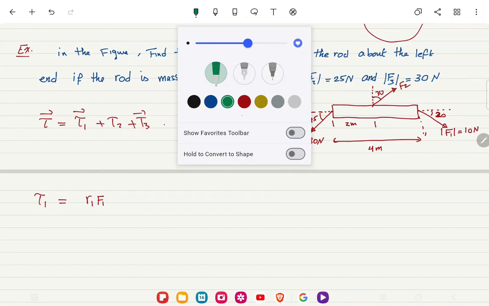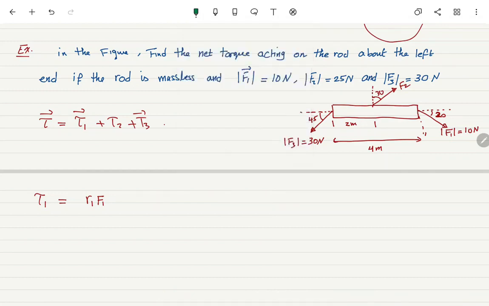So the only component that produces torque in this case is F1 sine theta, which in this case is 20 degrees. Now torque 1 equals R1 F1 sine 20, and remember R1 equals 4. Remember, this is the pivot, so R1 equals 4.